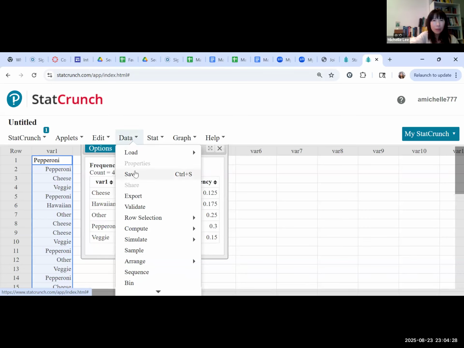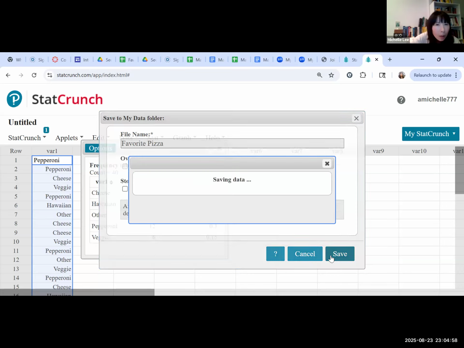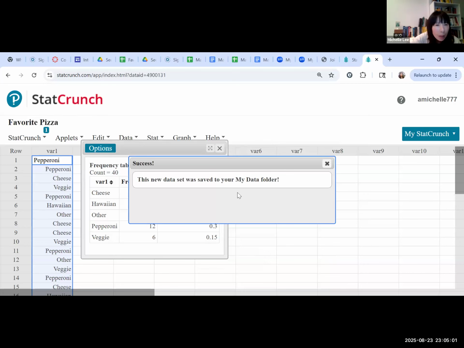Then there is a Save. Click that. So we can give it a file name. What do you want? The favorite pizza? Okay, so we can just save. So this new data set was saved to your My Data folder.